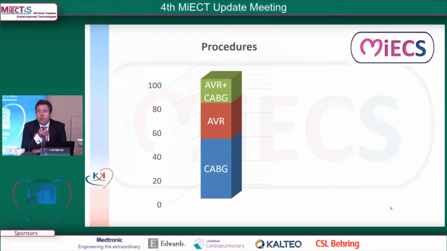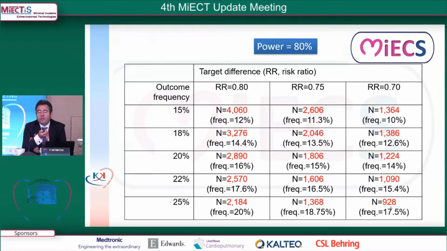The procedures are different from the COMICS trial. We anticipate recruiting 50% coronary cases and 50% valve cases and valve plus coronary cases. So 50% coronary cases, 50% cases including a valve.